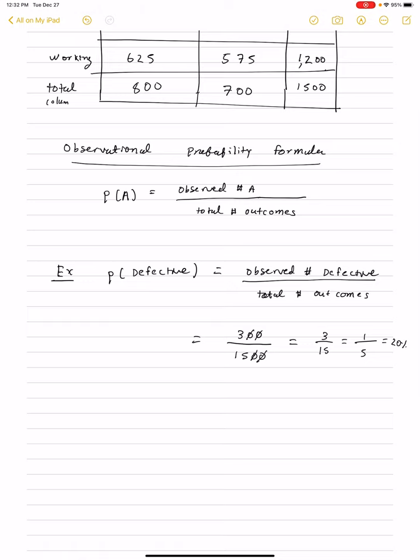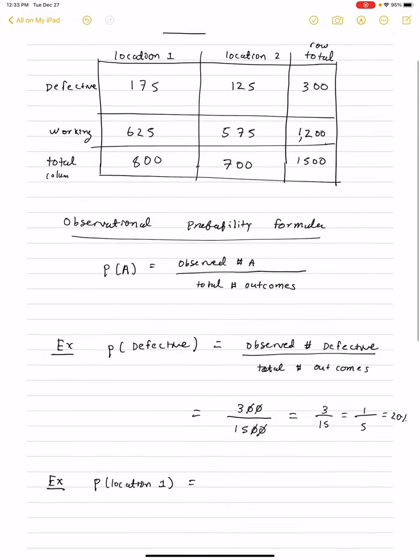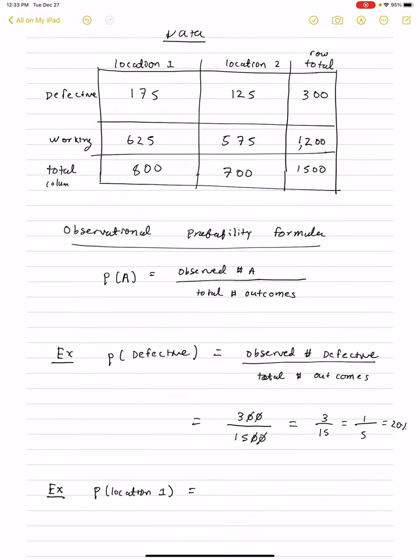Okay. If you were to ask, what's the probability of location 1? This would be, let's do location 2, actually.